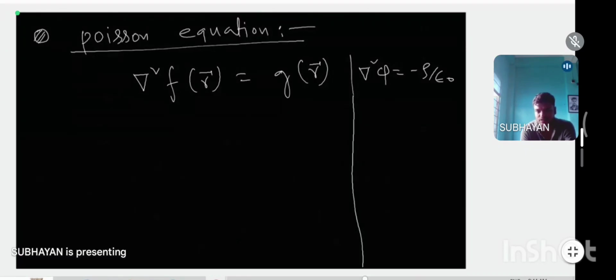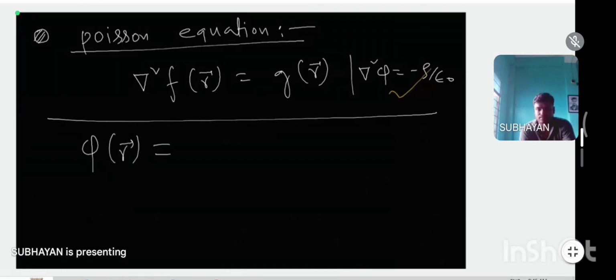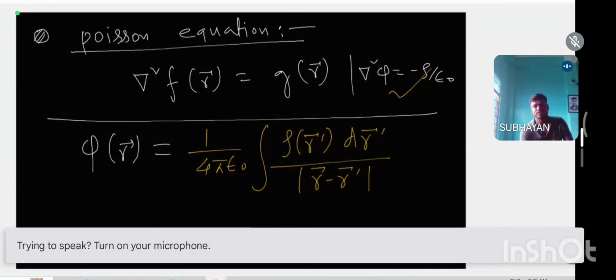And what was its solution? The solution is very well known to all of you. What is phi of r? It is 1 by 4 pi epsilon naught, integration rho of r prime d cube r prime by mod of r minus r prime.